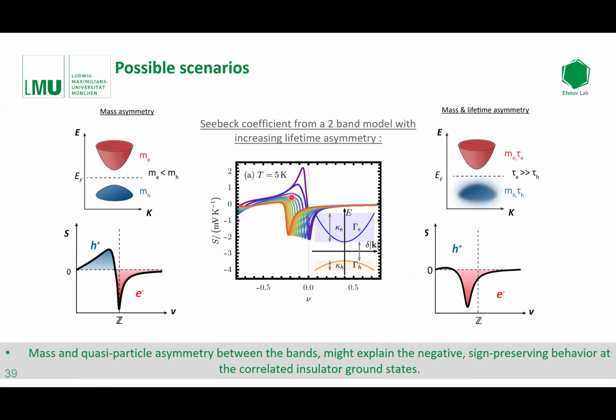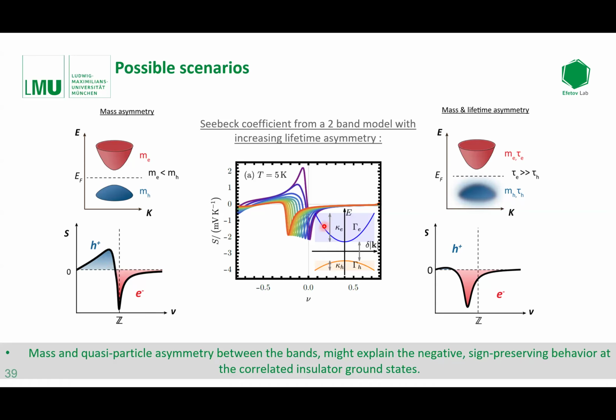And we were able to analyze this type of effect by assuming key ingredients such as mass and lifetime asymmetry between the electron and hole bands. What we found is that a mass asymmetry between electron and hole bands would already give us such an asymmetry. However, it would never completely quench the whole contribution.